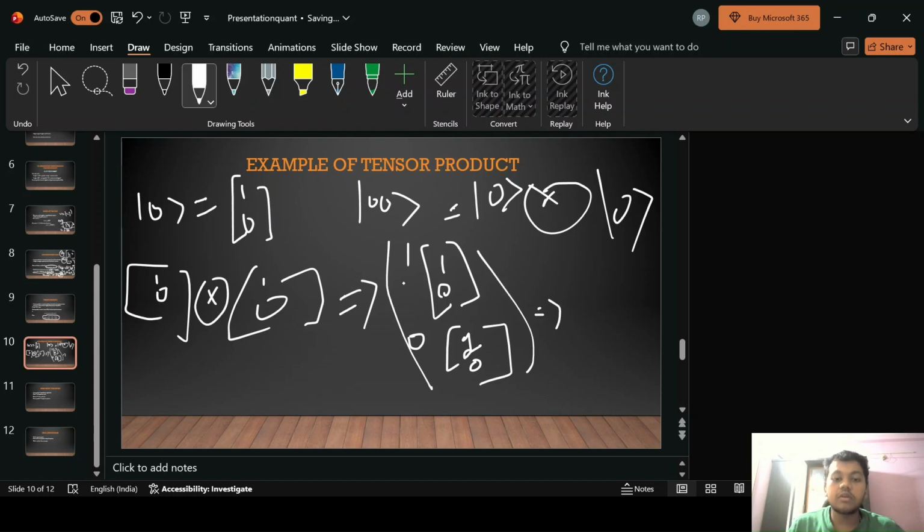So it will give us the value 1 0 0 0. That is like this: 1 0 0 0. This is the actual matrix form for the 0 comma 0 gate.